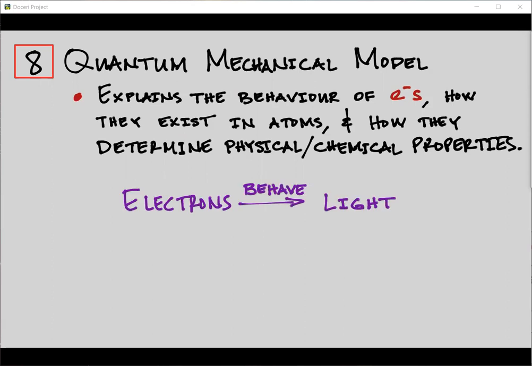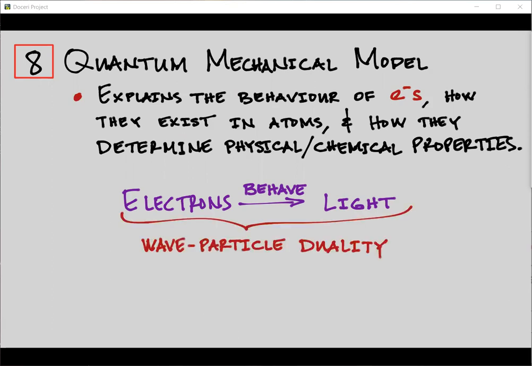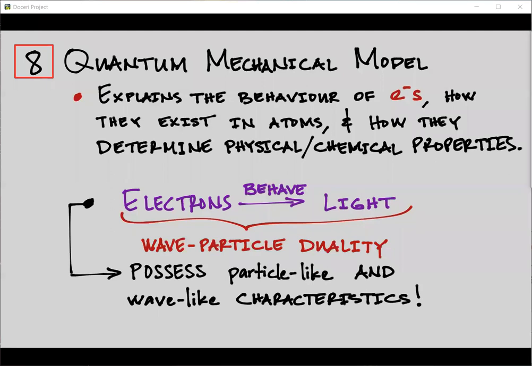Electrons can actually also behave like light, meaning that they have this wave particle duality. Electrons and light behave the same way. They can behave as a wave or as a particle, and so they call this the wave particle duality. What that means is, again, as I mentioned, these electrons and light possess particle-like and wave-like characteristics.